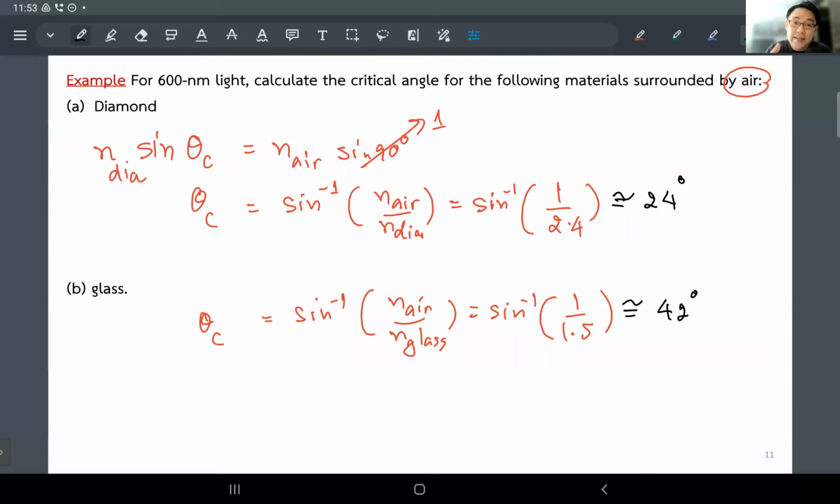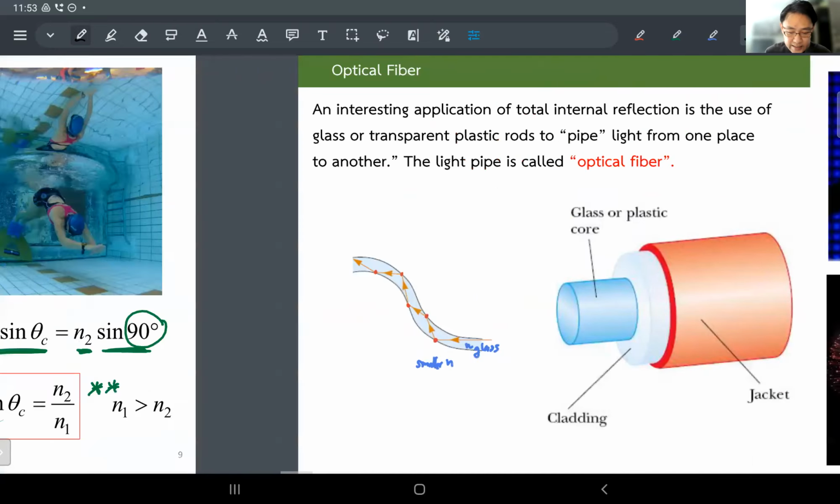And if you add a diamond cut, introducing many surfaces for it to reflect even more, you start to see that bling bling coming out from the diamond. If you go somewhere in between glass and diamond, you might see something like Swarovski sapphire, for example. The index of refraction is somewhere between glass and diamond.